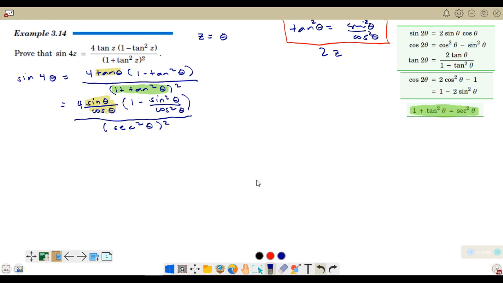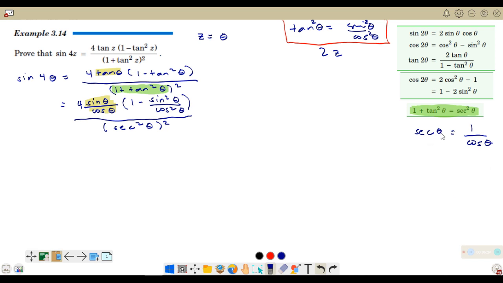Now, how can we use this secant squared theta squared function in solving this identity? Eh, wala nga tayong secant. Dapat matitira na lang sine. So, how can we get rid of the secant function? Don't forget that the secant function is the reciprocal of cosine function.